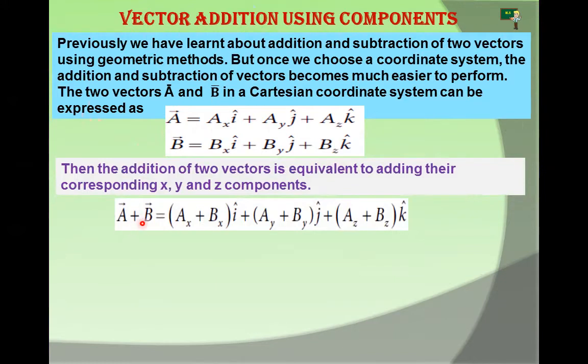Now A vector plus B vector is equal to (Ax plus Bx) i cap plus (Ay plus By) j cap plus (Az plus Bz) k cap.